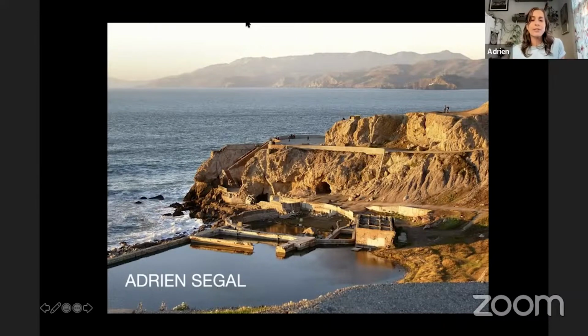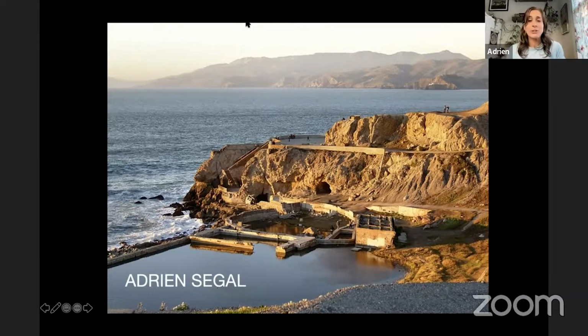A lot of my work starts with a really personal, intimate experience in the landscape. Visiting this site really inspired me to start looking more at the tides. This is the site of a former bathhouse where they harnessed the tides for recreation, and now it's ruins that are slowly being taken back by the ocean.